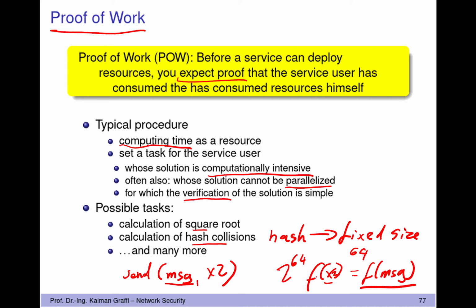For you, it's also easy to compute the hash of x2, but finding x2 with the same hash as the message requires some computational effort. And with that, let's say 64 bits might be too large, but if it's 40 or 50 or so, then you can balance how much effort needs to be invested to find another message, another small piece of information that results in the same hash. That could be an example of how proof of work could look like.